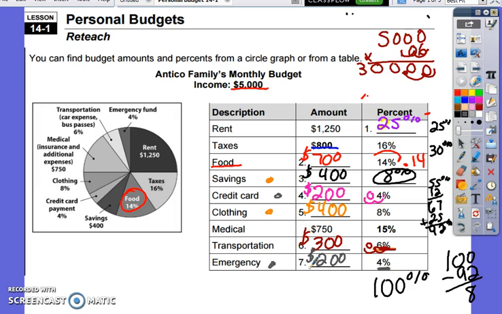So using your percent proportion, you can set it up. Percent over 100 equals part over whole, and then you are able to solve for your missing piece. If you take your percent and change it to a decimal, you can multiply that by the whole, which is the $5,000, and get your amount.